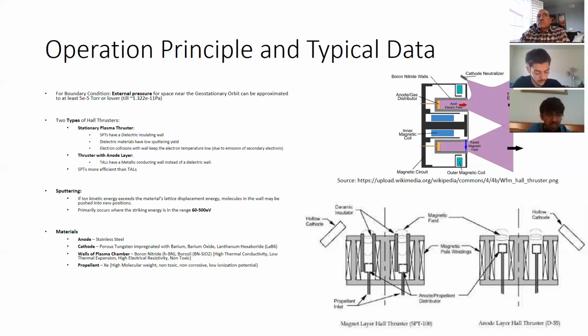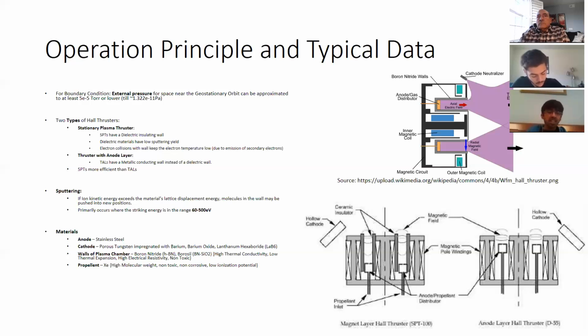Once again, I'll be reading it here. If the ion kinetic energy exceeds the material's lattice displacement energy, molecules in the wall might be pushed into new positions, and it primarily occurs when the striking energy is in the range of 10 to 500 electron volt. When the high energy electron strikes, it tends to release another low energy electron, called a secondary electron, from the material.